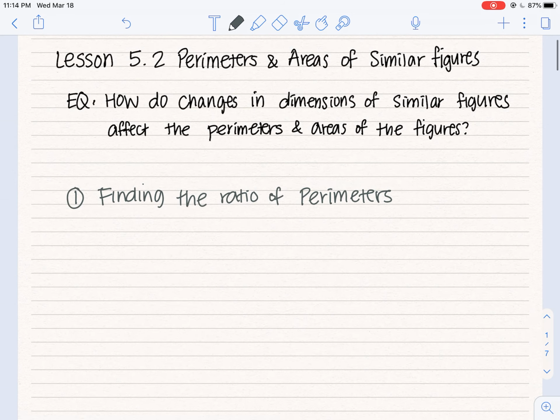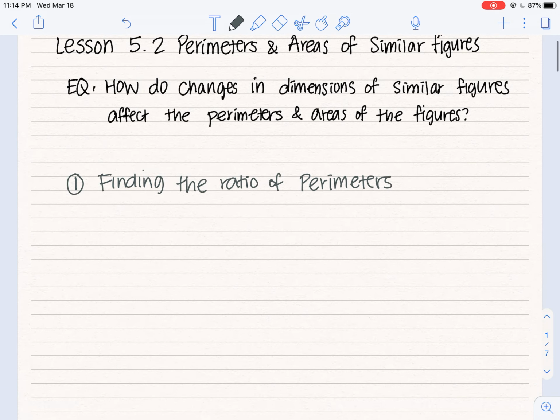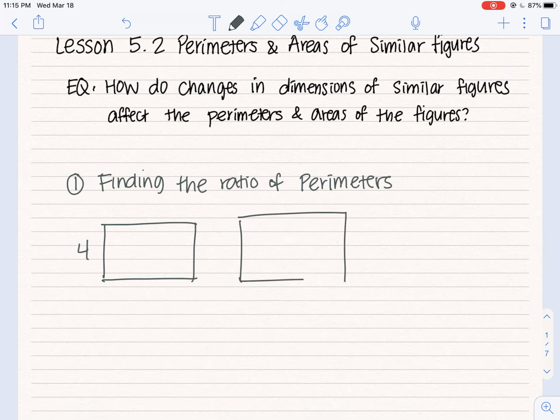It actually doesn't matter what you have. If you have similar figures, let's say this side is 4, this side is 6, and they are similar figures.